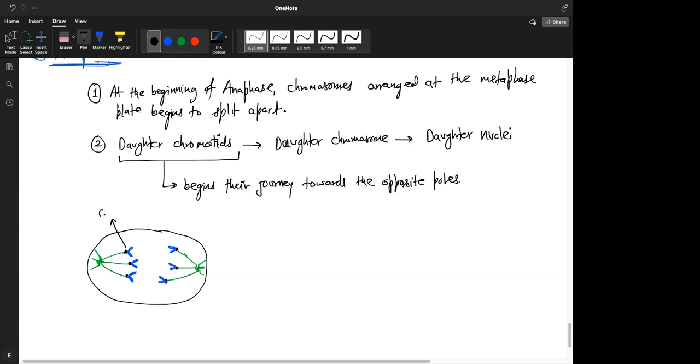This is the centromere, which is leading. And this is the chromatid, which is lagging, or trailing behind.